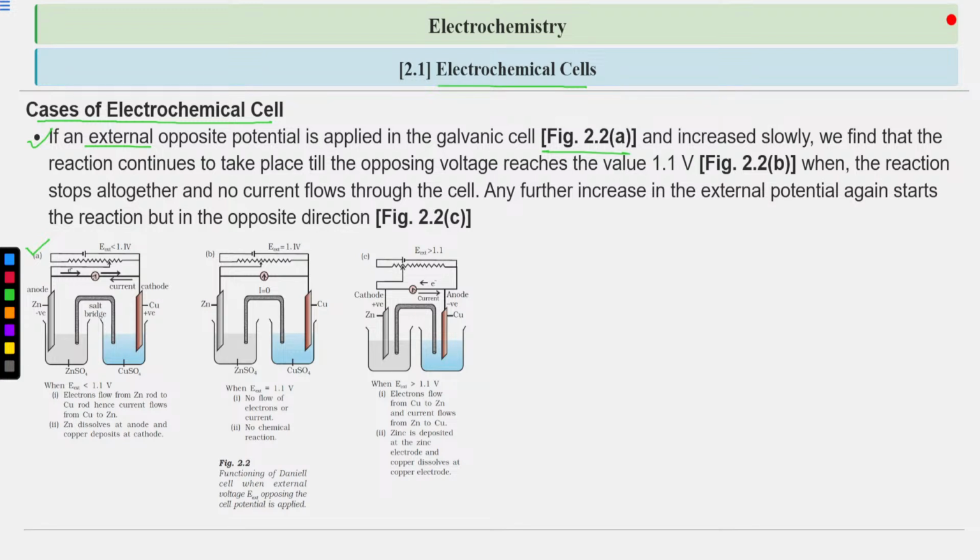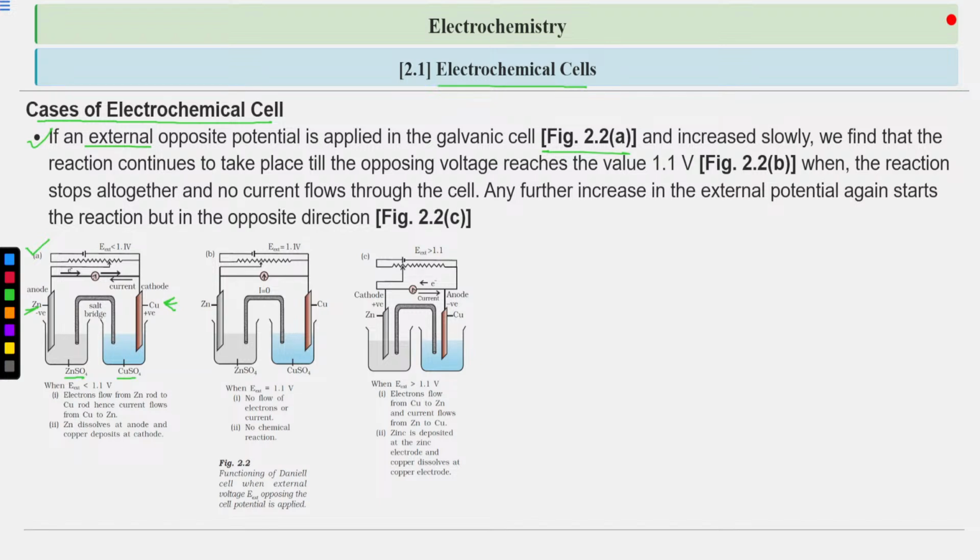Here you can see two beakers. One beaker contains zinc sulfate solution, with the zinc anode, and the other beaker contains copper sulfate solution, with the cathode of copper metal.